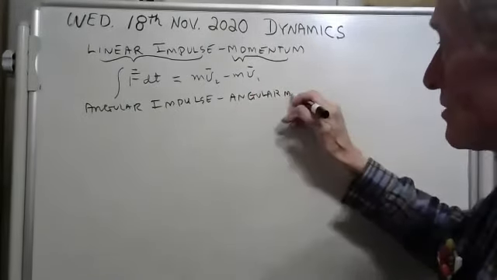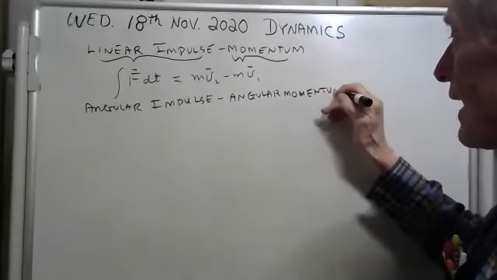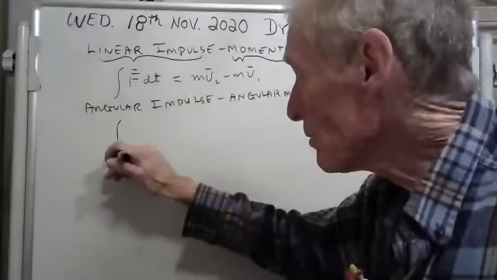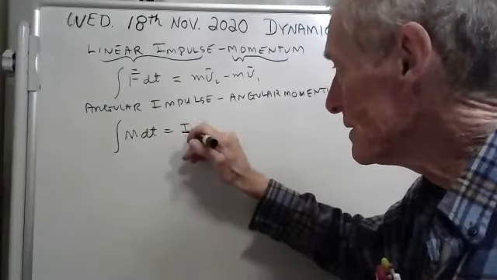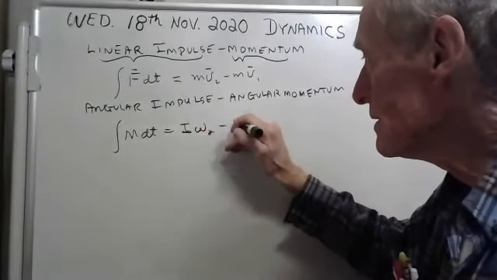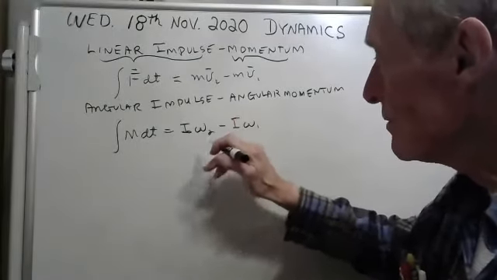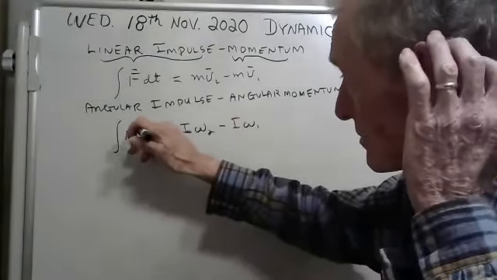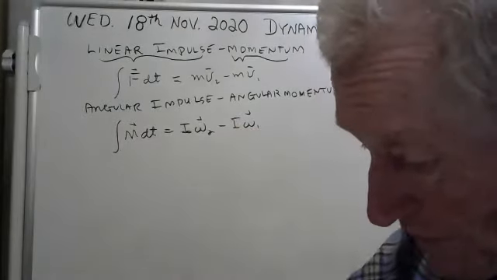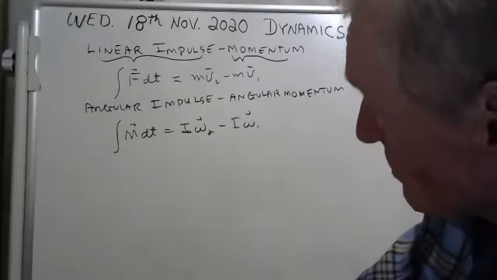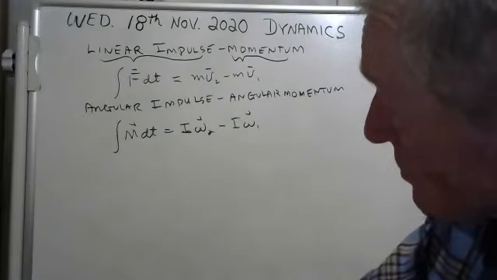It's still impulse and momentum, but now we're studying angular impulse and angular momentum, and it goes like this. And this I thing here, we've studied that. It's called the mass moment of inertia. You've seen it before. It's in Newton's second law for rotation.